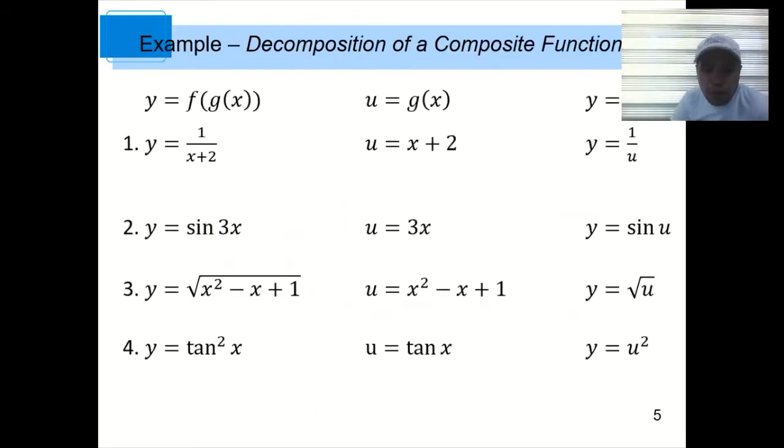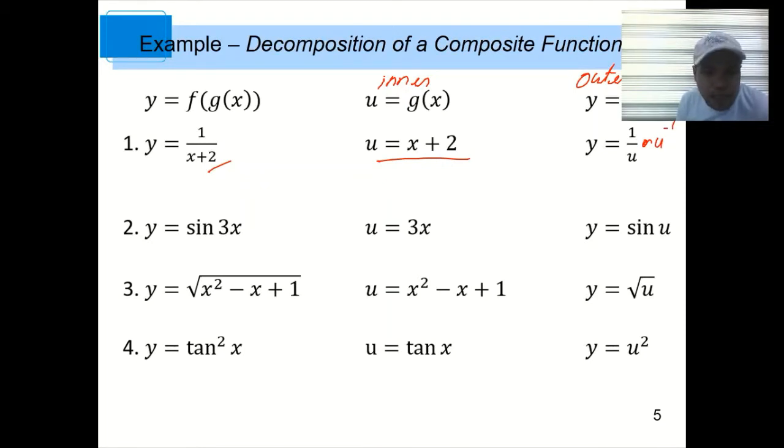Before we proceed in applying the formula, let's first identify what the inner function and the outer function are in each problem. We have here examples that identify the inner and outer function. First, y is equal to 1 over x plus 2. Our inner function is x plus 2, and the outer function is 1 over u, or we can also write this as u raised to negative 1.